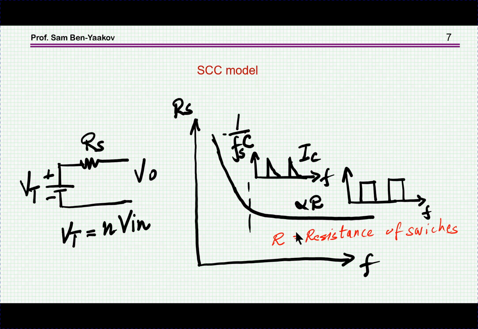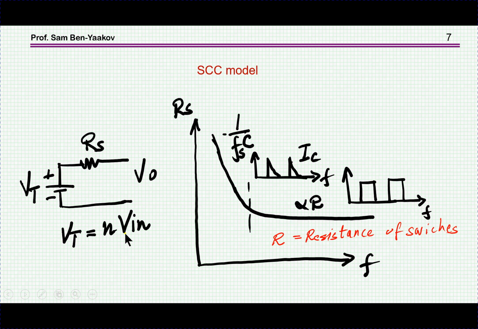Now the model of any switched capacitor converter is this equivalent circuit, which looks like a Thevenin equivalent circuit. We have a voltage source and then an internal resistance. This voltage source is representing the topology. In fact, it is equal to some n times V in depending on the topology.